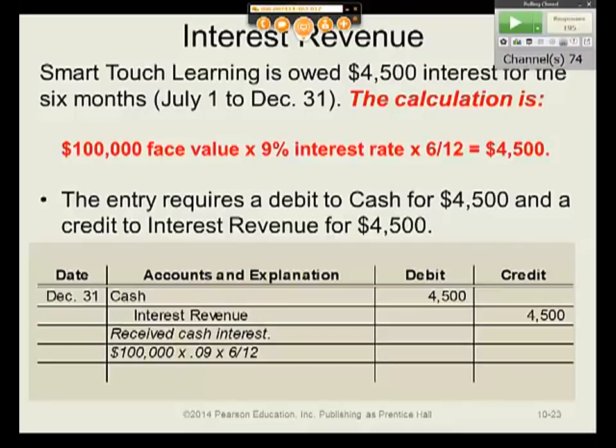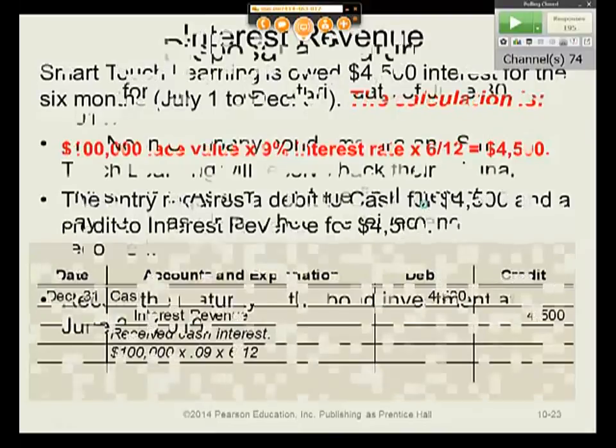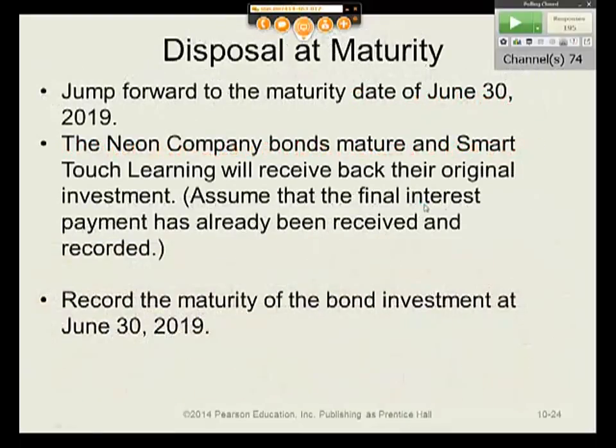If you're studying for the exam, make sure you realize that the interest has to be prorated if you have a partial period. Now, what they want to do next, they call disposal at maturity. It's when the bonds mature, and you wind up getting back your principal and any interest that's owed.